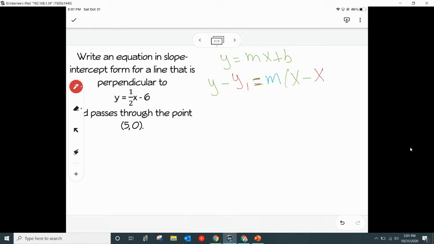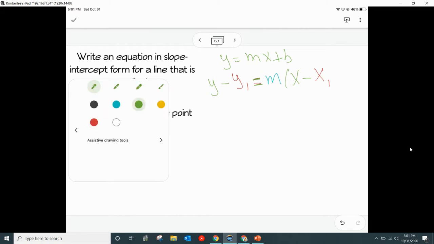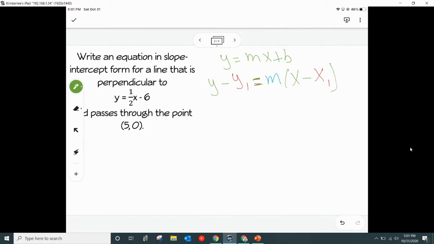So there are my pieces I would plug in for y1, x1, and m. Okay, and they're telling me to use this equation here. So I need one that's perpendicular to this equation, and I need it passing through this point. Okay, well now I know my point. I see it right here.